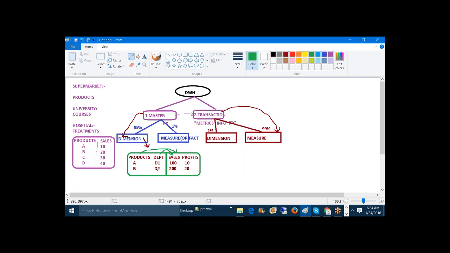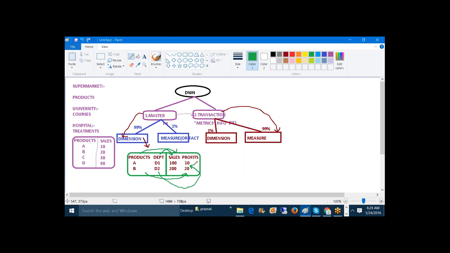Similarly, we can see the product wise total profits, and also the department wise total profits. So the sales and profits can be analyzed in the way of products and even in the way of department.